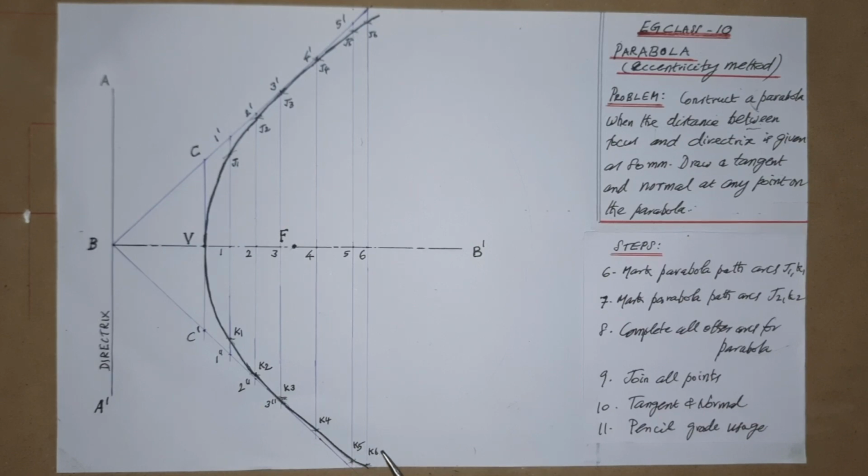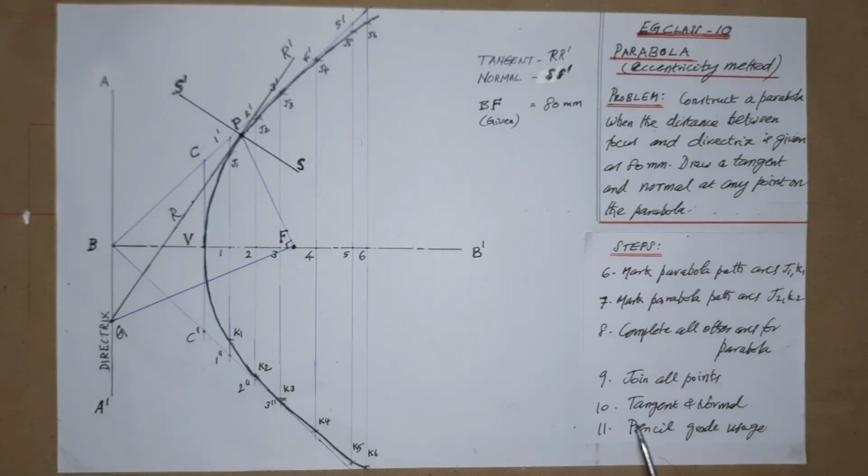Like that, the required parabola curve is drawn. This may be done with freehand joining, but it should be smooth and neat in appearance. Then we have to do the next step, that is tangent and normal.